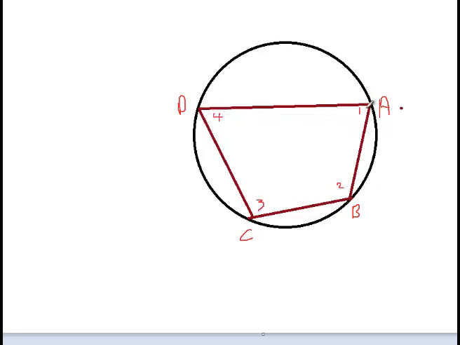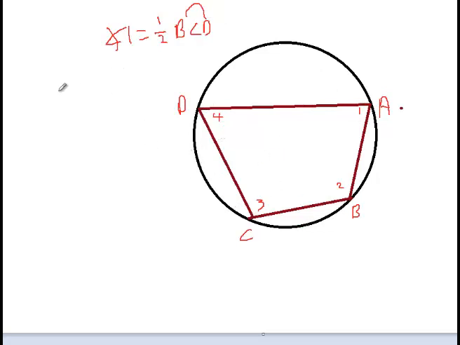Now, angle A, angle 1, is half of the arc that it intercepts, we'll say 1/2 of arc BCD. It has to be, obviously, because this arc sweeps out from here all the way around to here.